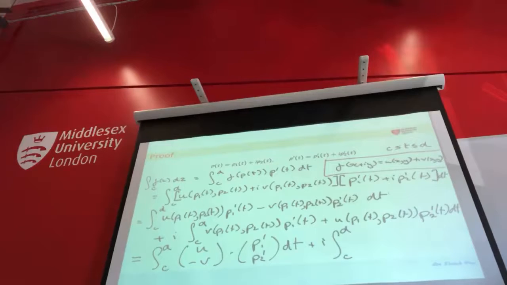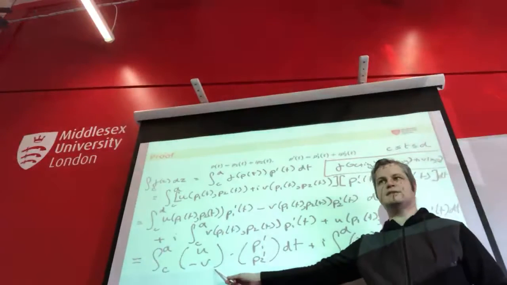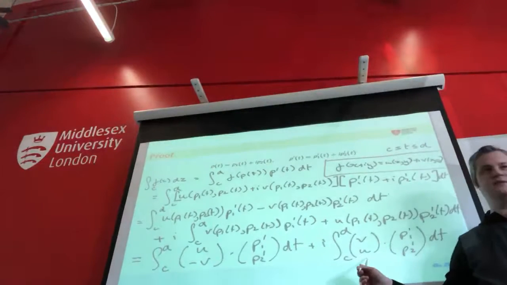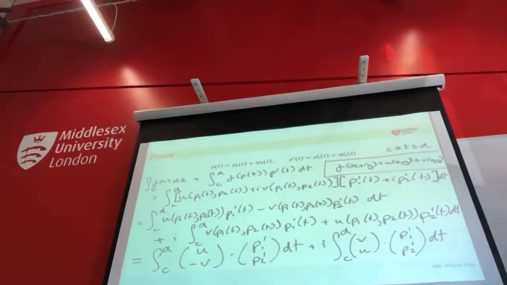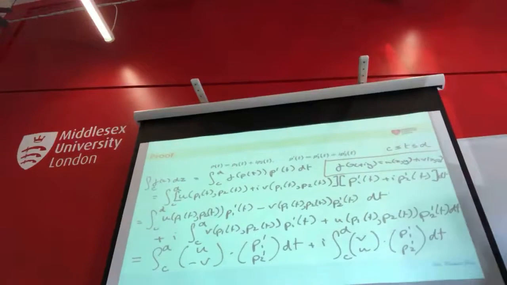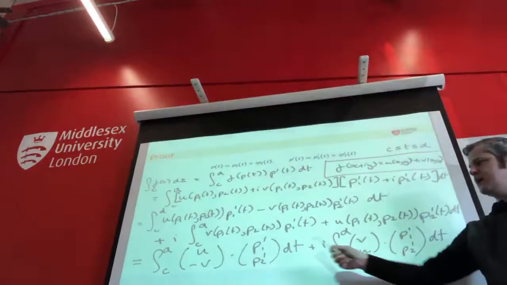So it is the dot product of (v, u) with (p1 dash, p2 dash). And that's it, because this was my vector field, and this is what I said the other vector field was going to be. So this I would call A, and this I'll call B, the vector fields A and B.